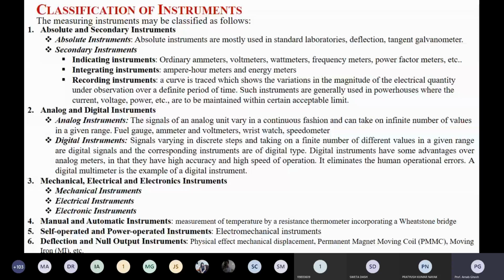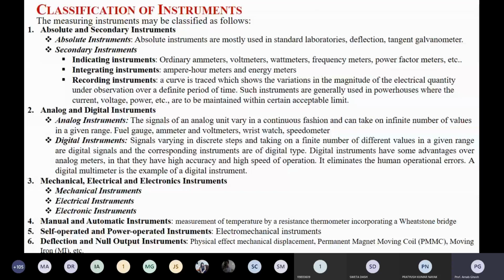An example is the energy meter: ampere-hour meter, or power integrated with time, which gives energy. In an energy meter it is volt-ampere hour, and normally kVA is used in energy meters in our domestic, household applications.